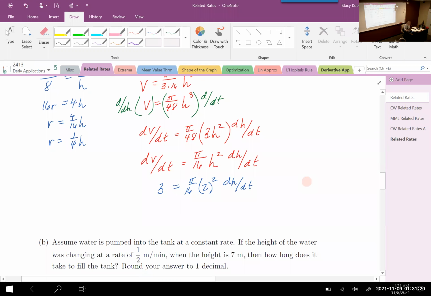And so I would just have, what, 3 is equal to pi over 4 dh/dt. Divide both sides by pi over 4.